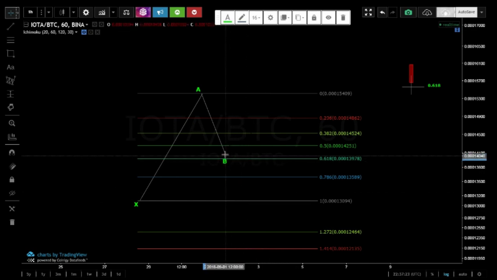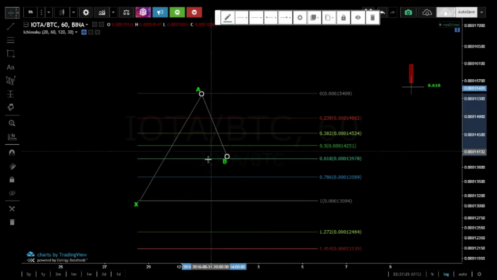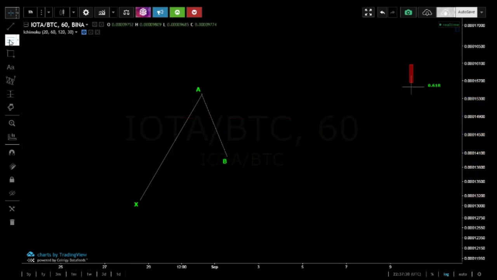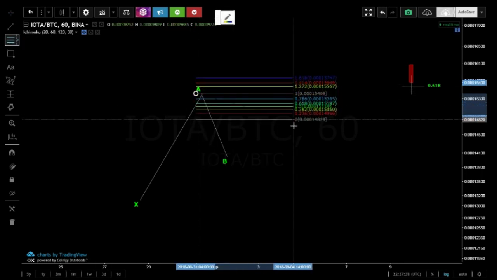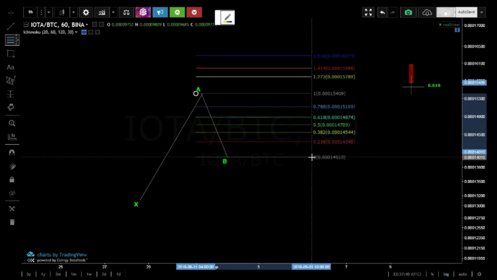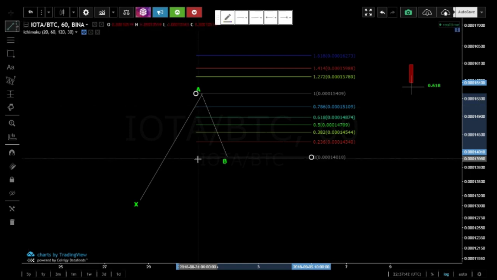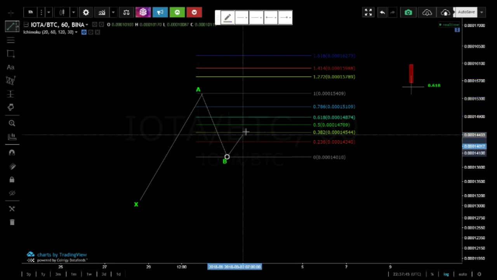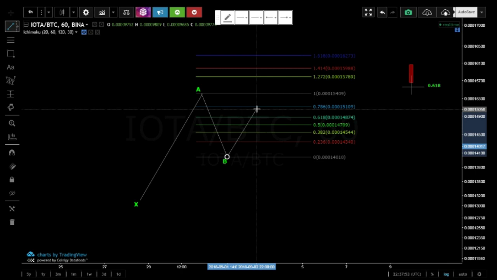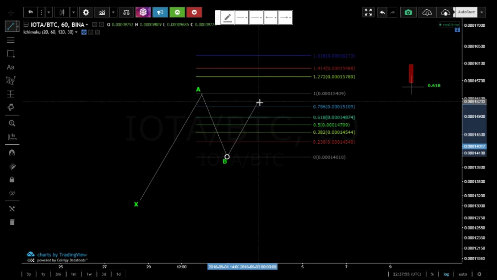Now the next step is to get the C leg. To get the C leg, we'll use our Fibonacci retracement ratio. We'll drag it from A leg down to the B leg, and the C leg will come right around the 0.618 up to the 0.786, but the body of the candle must not close above the 0.786.